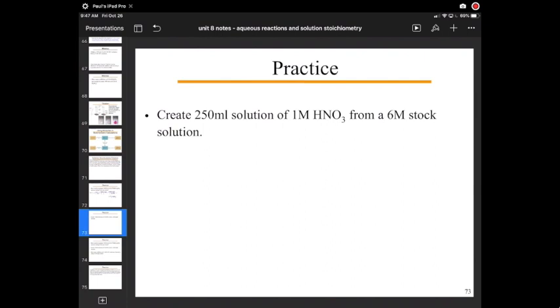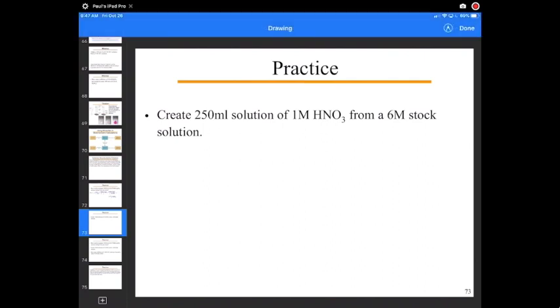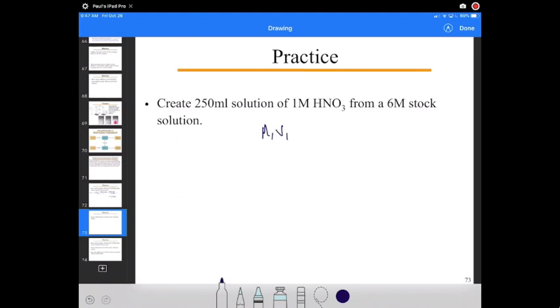What kind of problem is this? A dilution. I started from a concentrated, want to go to a dilute. So, what is the equation for dilution? M1V1 equals M2V2. Which one is M1? What's the concentrated stock? 6 molar.